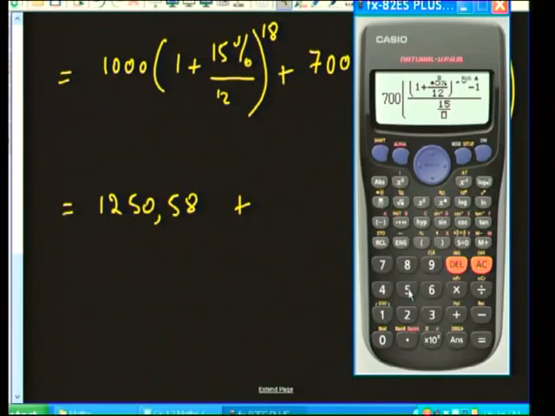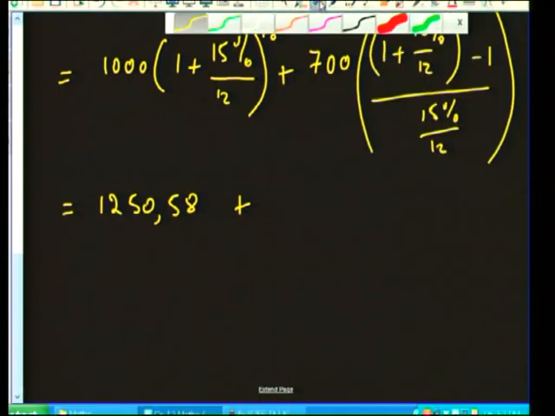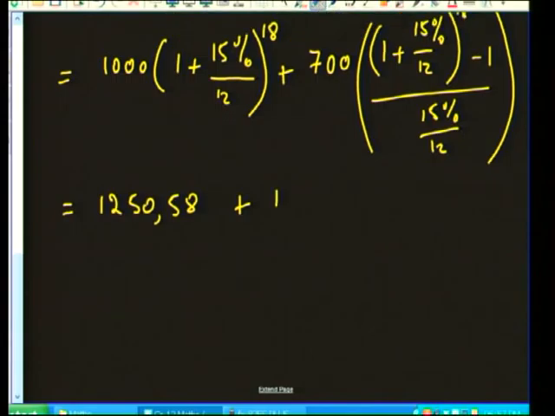Isn't this calculator amazing? And once again divide by 12, close the bracket, and boop, 14,032 Rand. So here we go. She has 14,032 Rand and 33 cents.